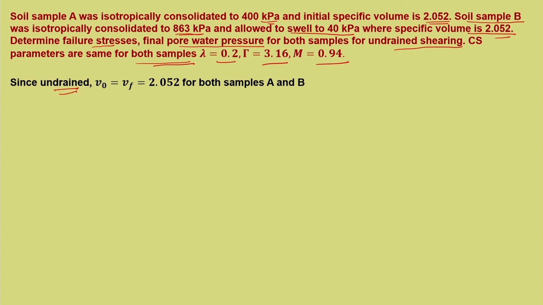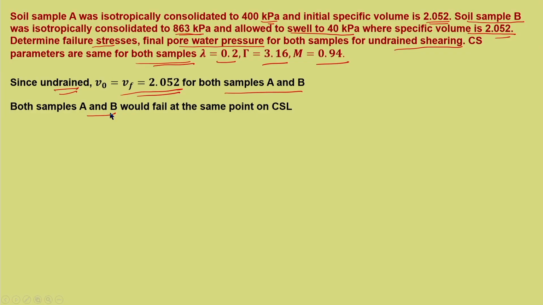So, the initial specific volume will be same as the final specific volume. So, V naught is equal to Vf, which is equal to 2.052 for both samples A and B. This initial condition gives us a lot of clue about how this test would take place. And that is the beauty of the idealized critical state. We will see how.